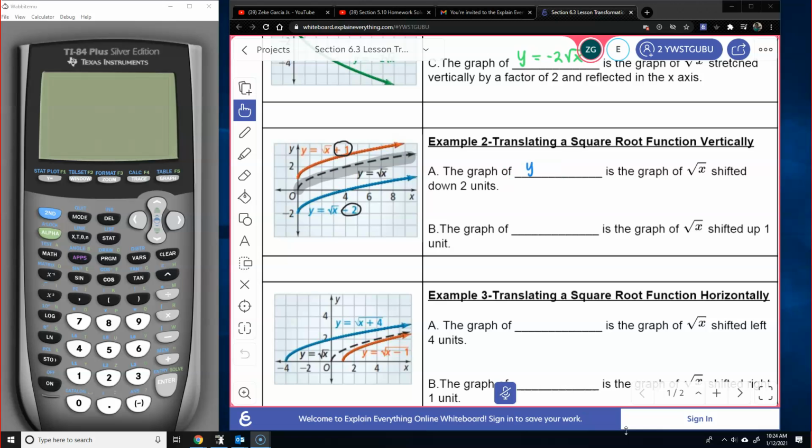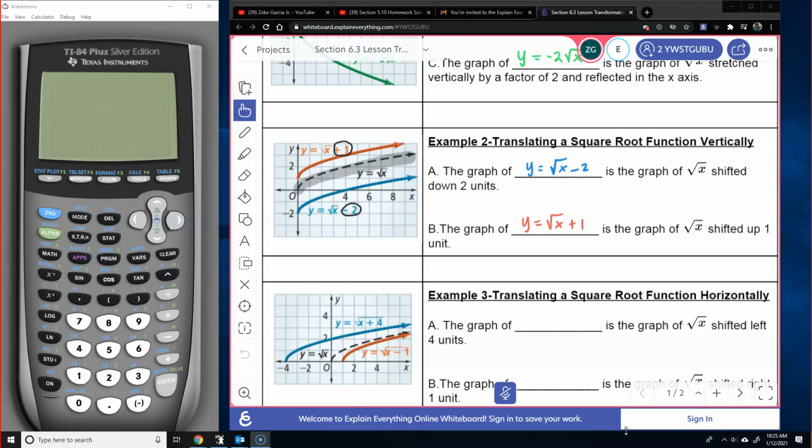So obviously that's going to be y equals the square root of x minus 2. B is shifted up 1 unit. So B is going to be the red one. So we have y is equal to the square root of x plus 1. So that number that's after the radical, that's outside the radical, is affecting whether the function moves up or moves down.